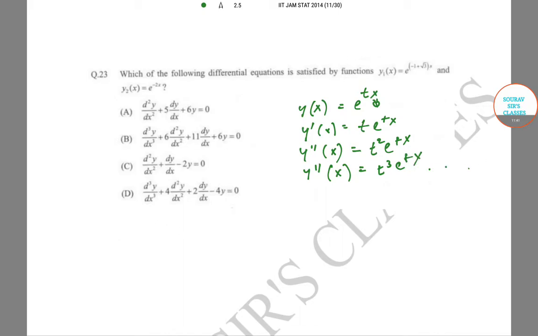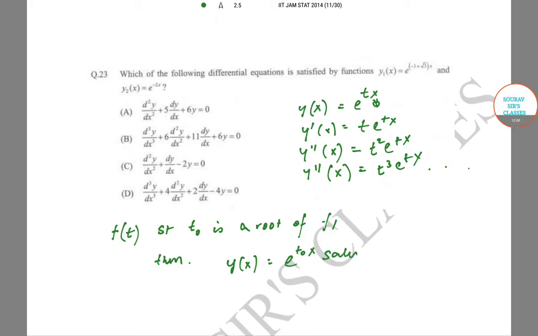So if we take a polynomial f of t such that t naught is a root of f, then y(x) equal to e to the power t naught x satisfies f.